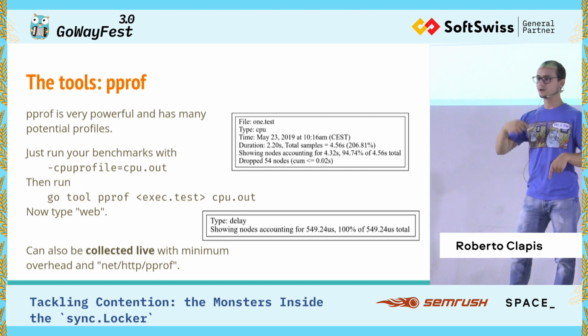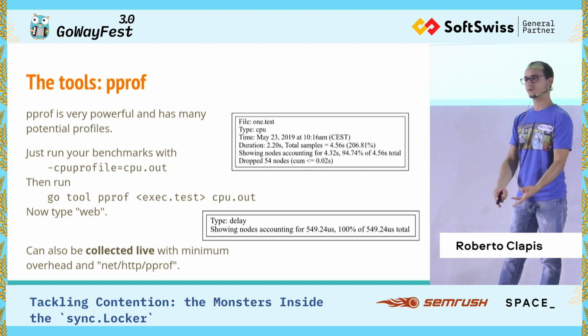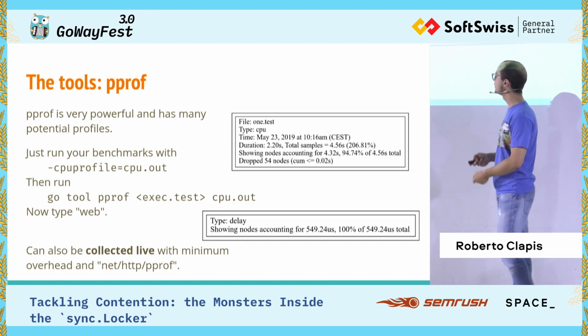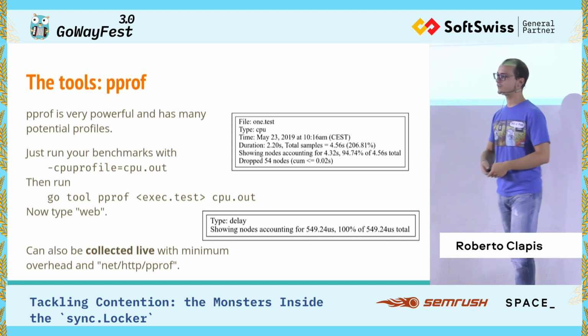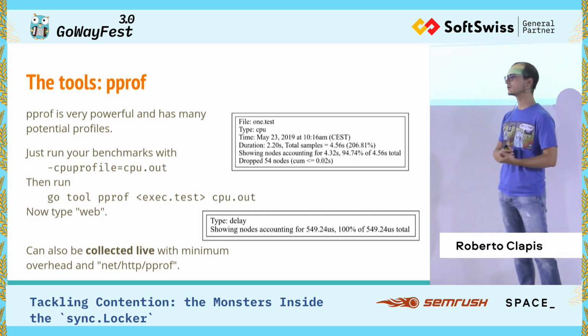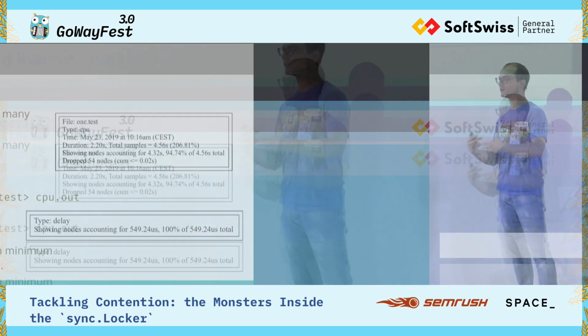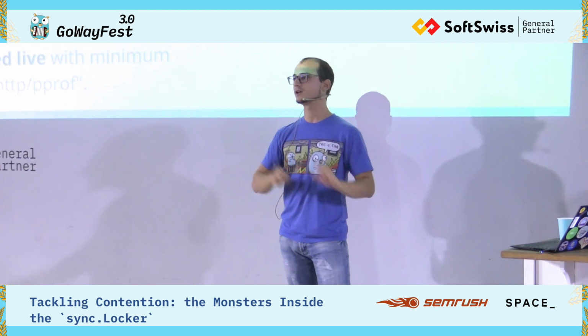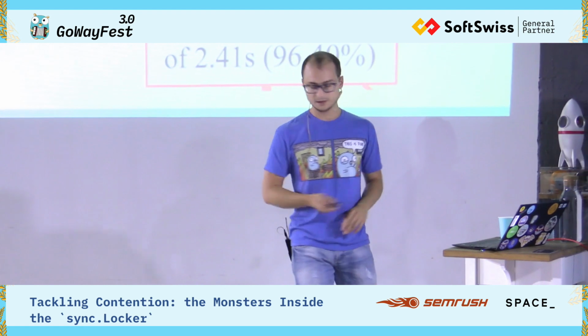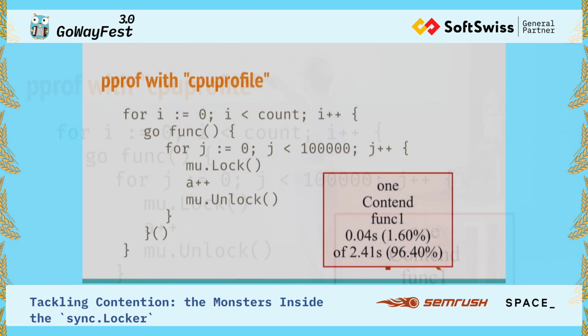You can tell it, OK, collect all the data of the runtime for 5 seconds and just download the file. You can run this in production. It's cost efficient. It slows down a bit while you collect the trace, but while it's not running, it doesn't cost anything.